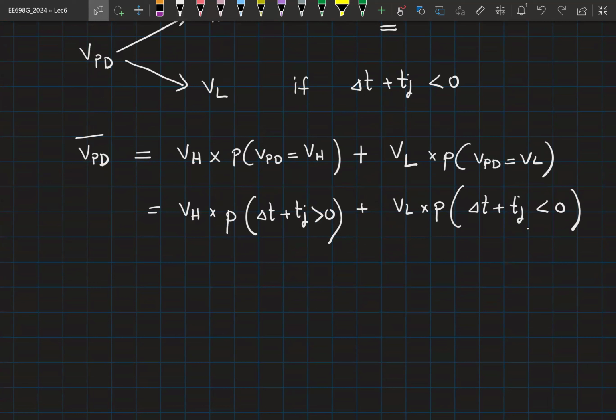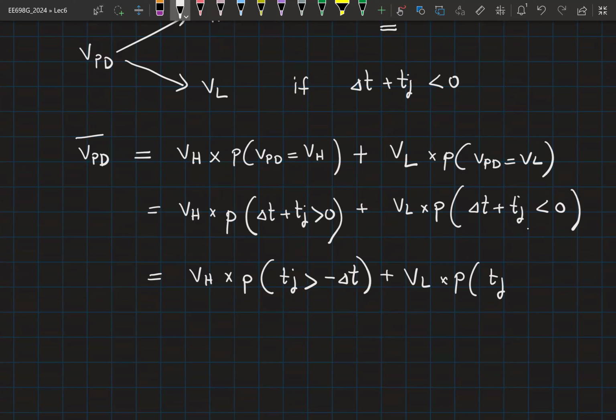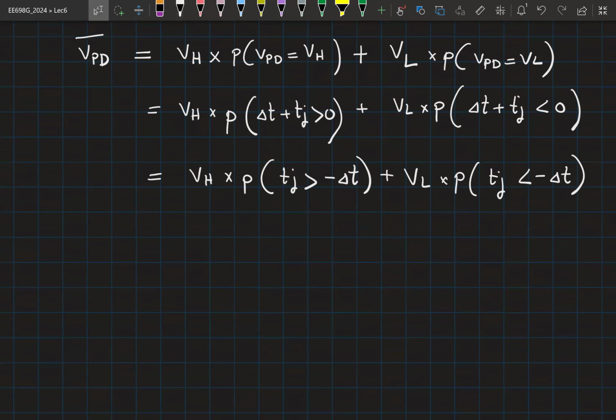Now Tj is a variable that has a probability distribution, so let me represent it directly in terms of Tj. So this is VH into probability of Tj greater than minus delta T plus VL into probability of Tj lesser than minus delta T. So far, okay? Any questions from the back?